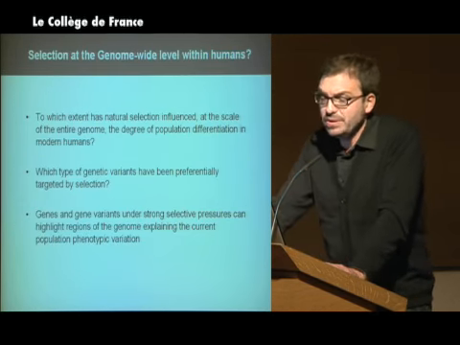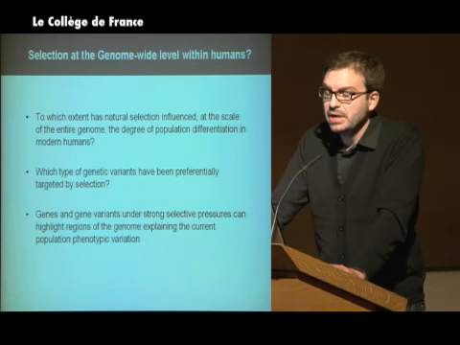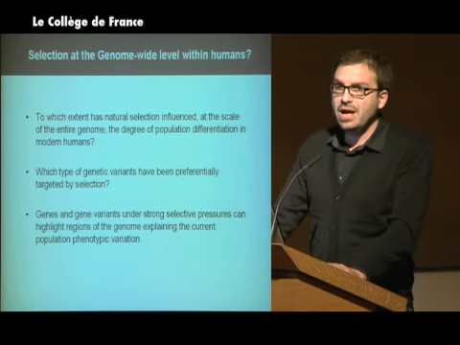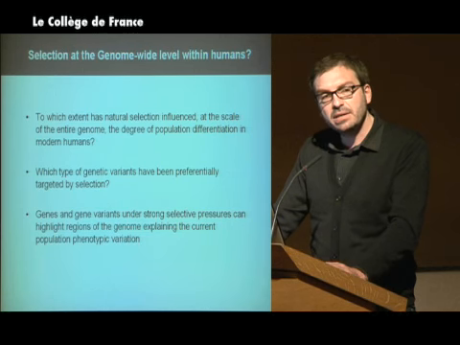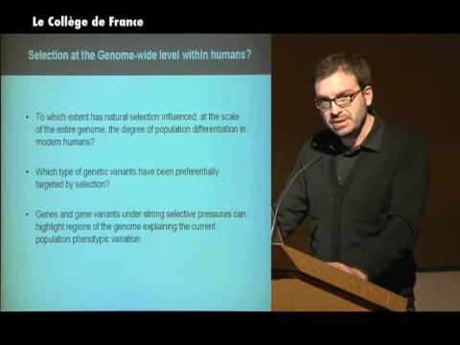So one of the first questions that I would like to share with you is that we know that we have lots of phenotypic diversity among us. We've seen phenotypic diversity that can be benign, but also phenotypic diversity that can be related to disease.